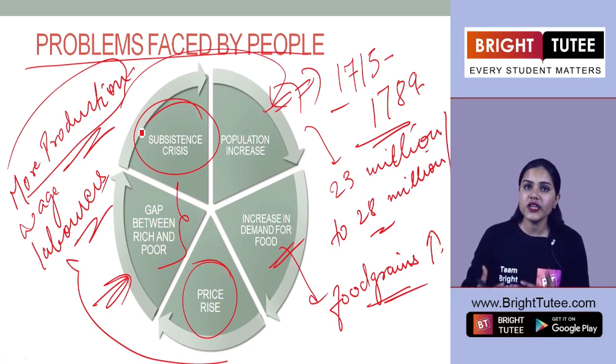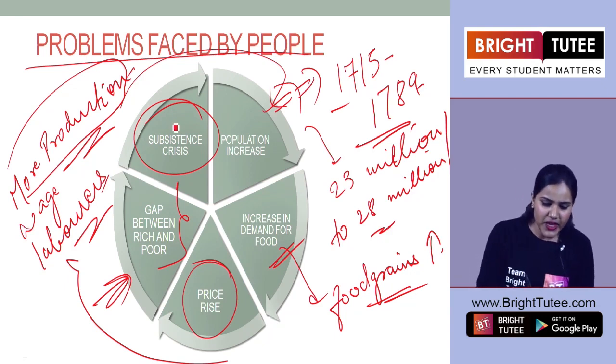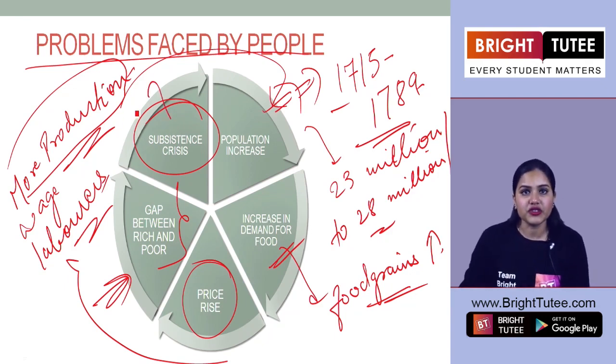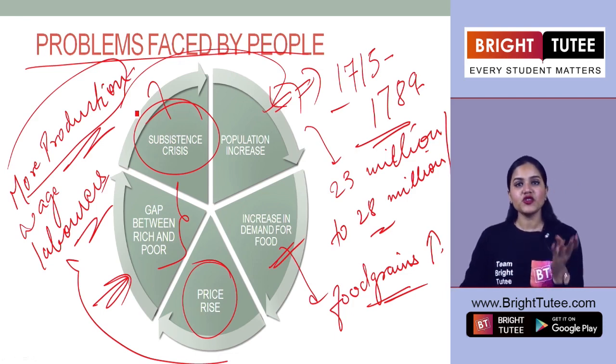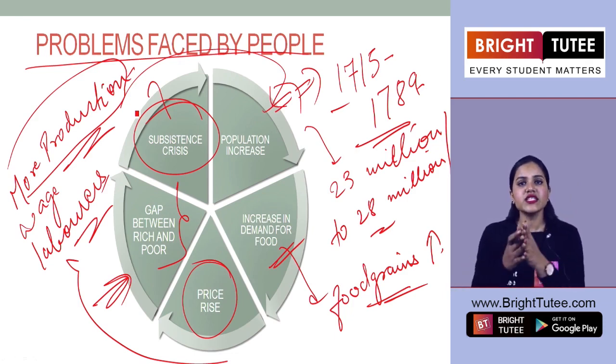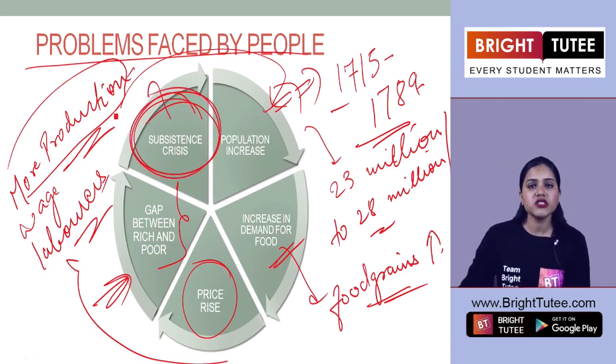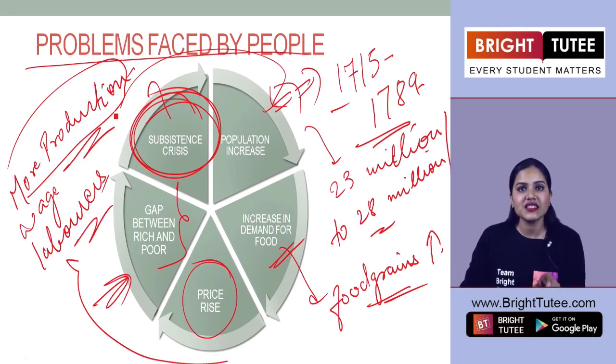Now this is an extreme situation where the basic necessity of life is endangered, right? The people do not have good food, they do not have money, they do not have jobs, unemployment is on the rise, and there is a widened gap between rich and poor. So it creates an extreme situation, that is this subsistence crisis. Basic necessity is endangered in this particular situation.